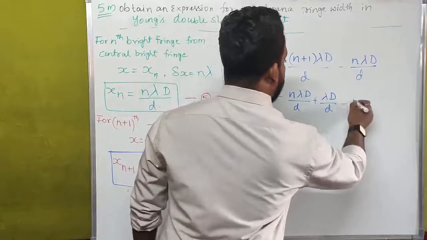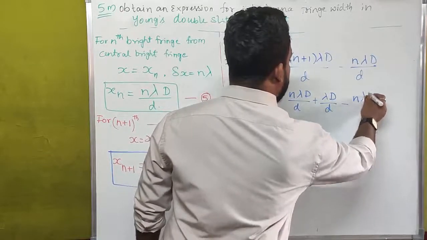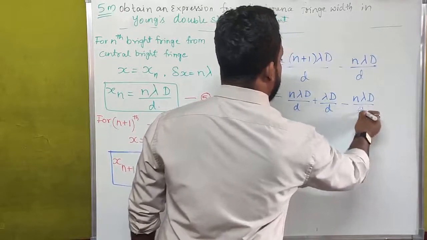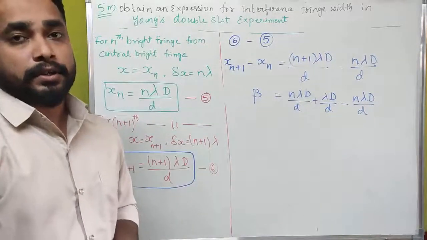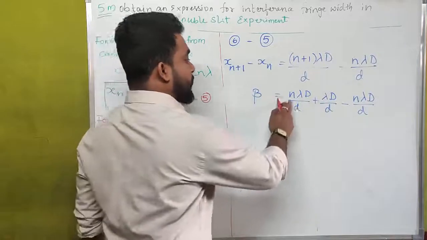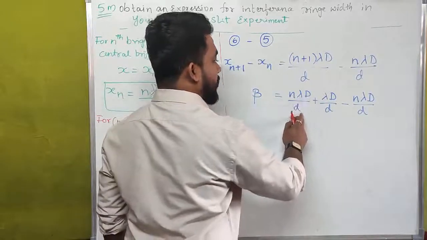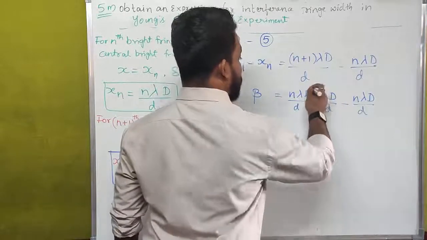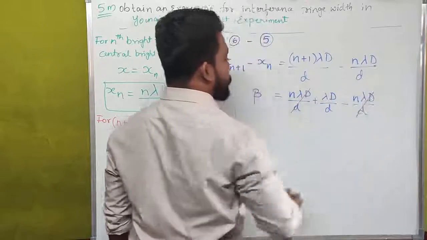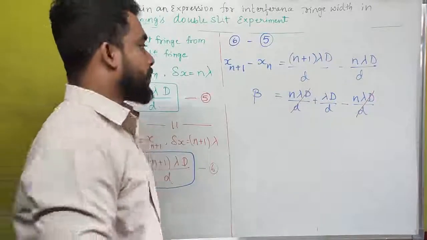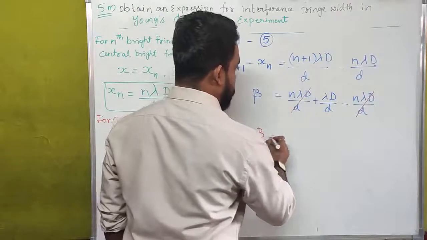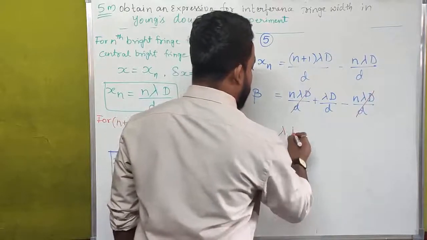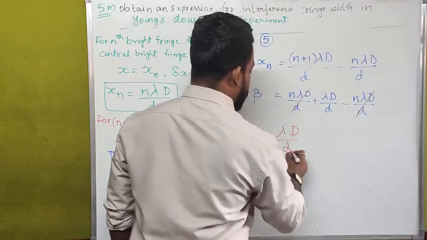And here we have minus n lambda D divided by d. Here plus n lambda D divided by d, here minus n lambda D divided by d. These two terms cancel with each other. And what is the remaining part? Beta is equal to lambda D divided by small d.